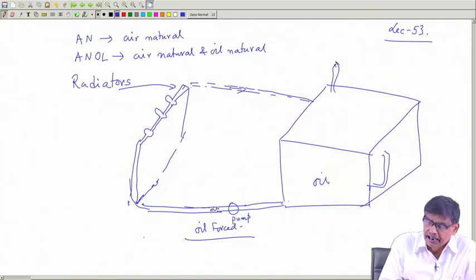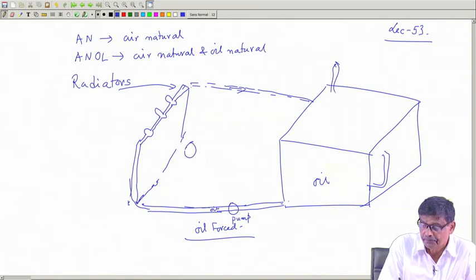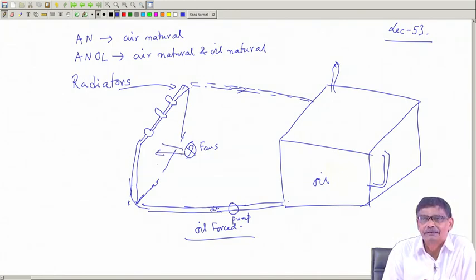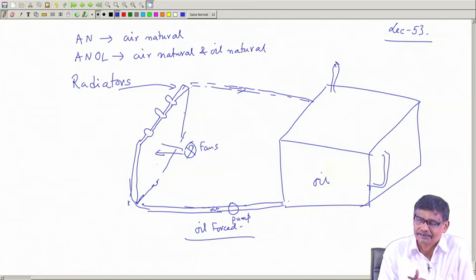Sometimes air is also forced. For big transformer, you keep fans here, which will also cool the surface area of the radiators, forced air then say.